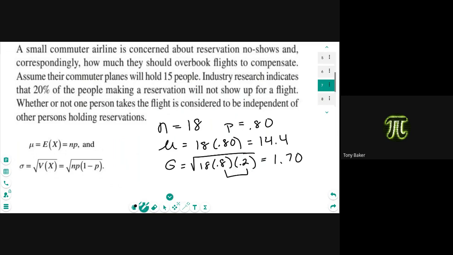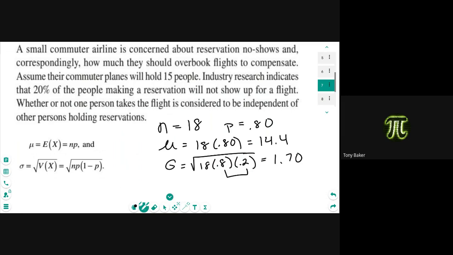All right. Are we good to that point? Everybody get those two numbers? We're good? We're not done, but are we good with that? All right.